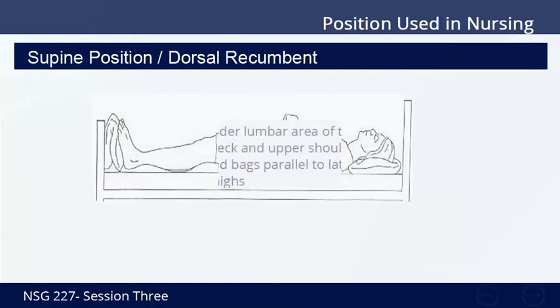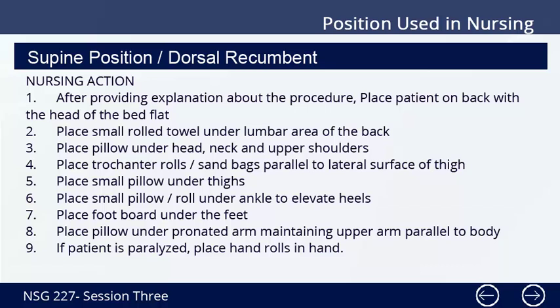Procedure. Nursing action and rationale. 1. After providing explanation about the procedure, place patients on back with the head of the bed flat. This reduces anxiety and promotes relaxation. 2.